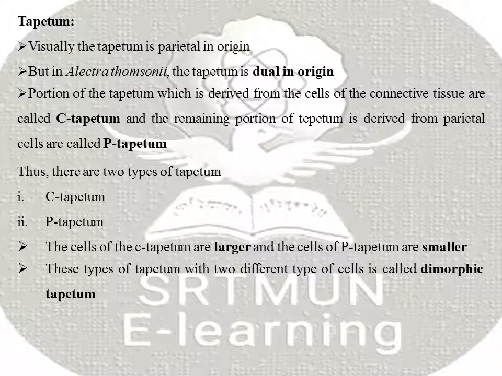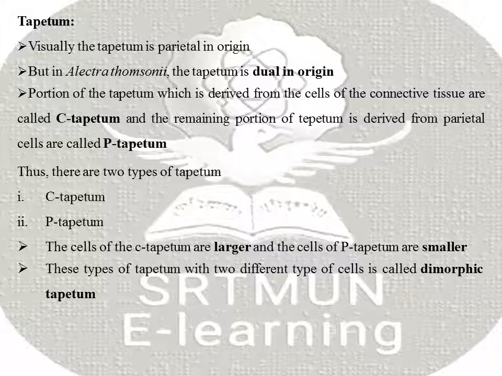Now, tapetum. Usually the tapetum is parietal in origin, but in Eleocharis the tapetum is dual in origin. The portion of the tapetum which is derived from the cells of the connective tissue is called C tapetum, and the remaining portion of tapetum is derived from parietal cells and called P tapetum.